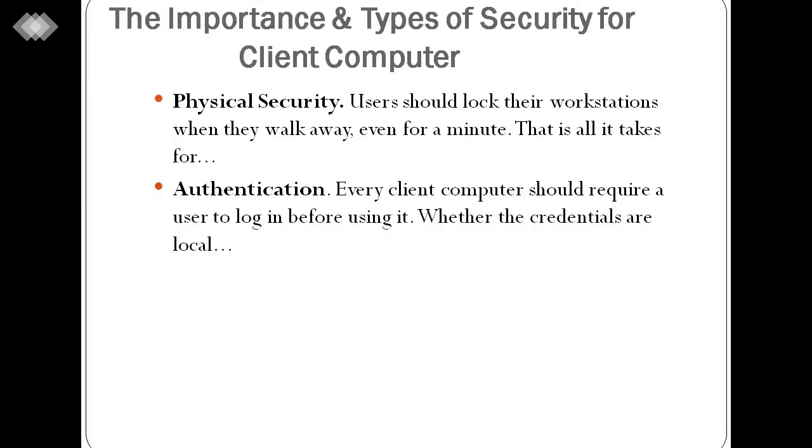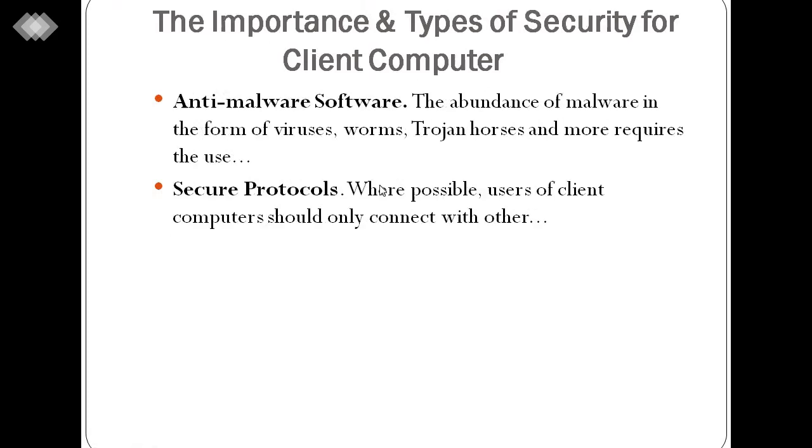The importance and types of security for client computers are physical security and authentication. In physical security, users should lock their workstations when they walk away, even for a minute. In authentication, every client computer should require a user to log in before using it, whether the credentials are local. Next are anti-malware software and secure protocols.